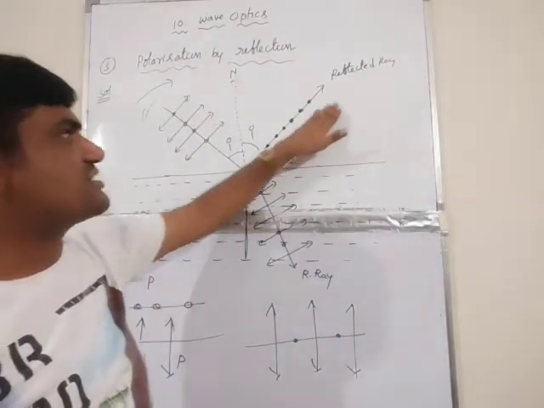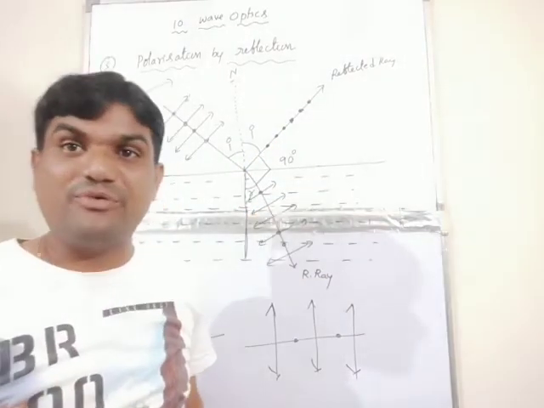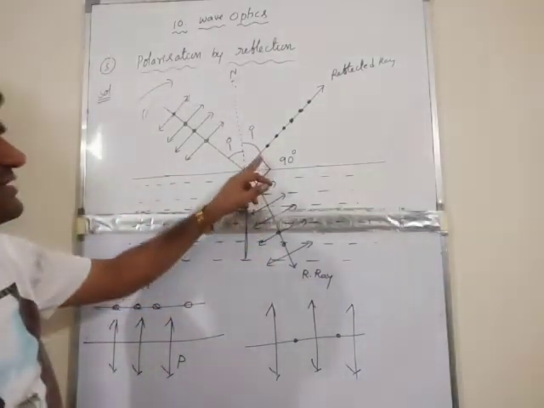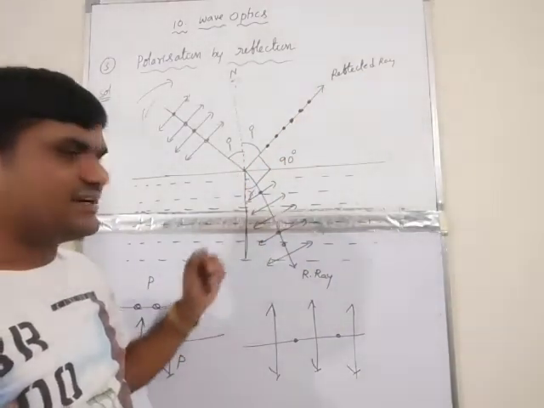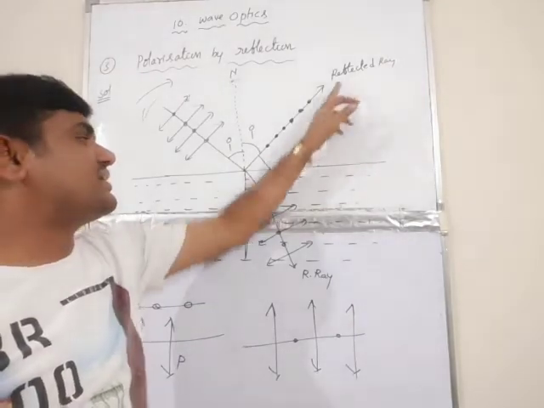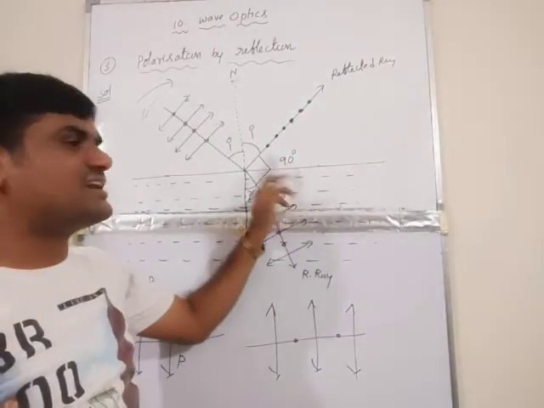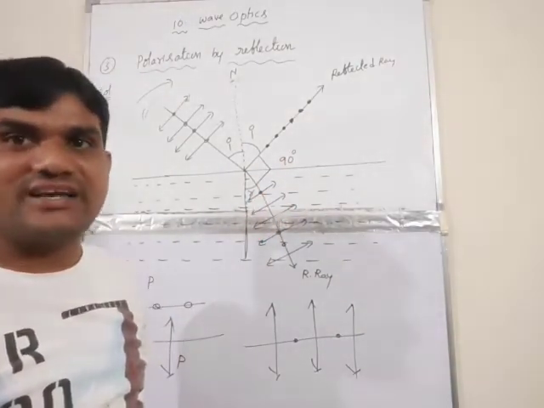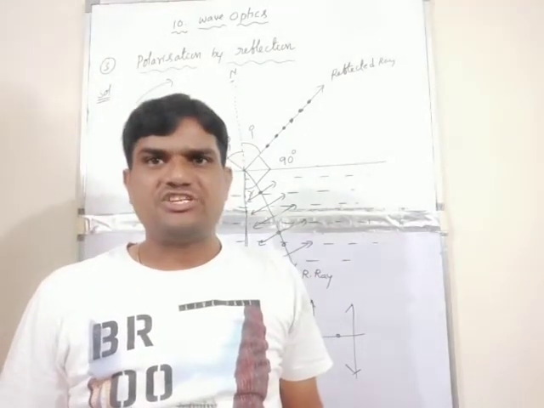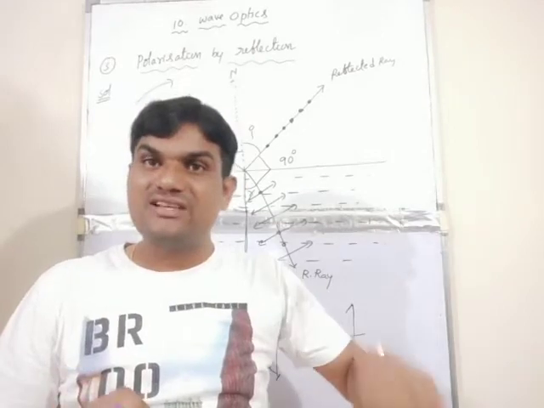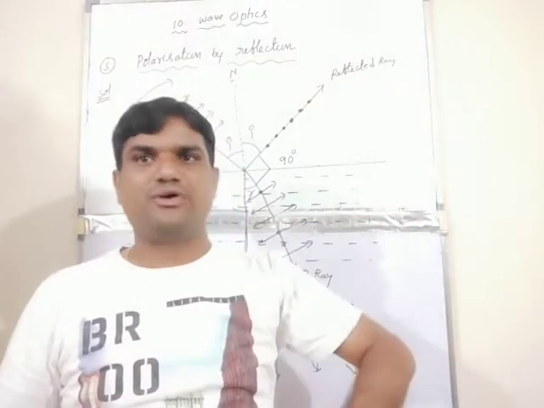So when the angle between the reflected and refracted ray is exactly equal to 90 degrees, we will get complete polarization, a completely polarized reflected ray can form.